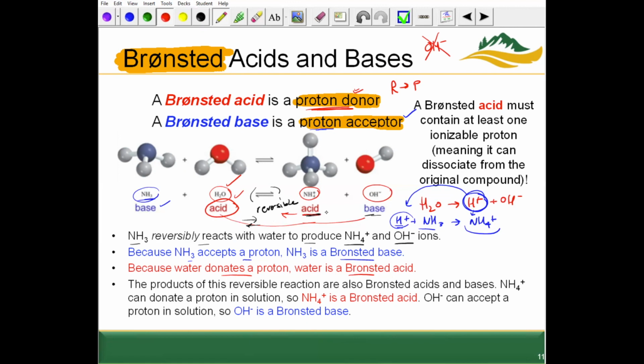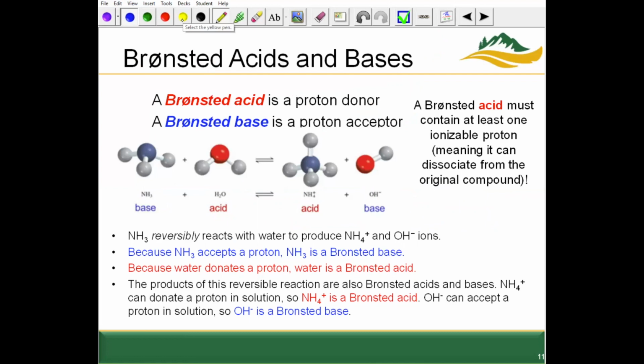It's a Bronsted acid because it ends up donating one of its protons to become NH3. So here on the product side, ammonium cation is a Bronsted acid. Then for this hydroxide ion, why is this a Bronsted base? Well, it's OH-. It then ends up being water on this side, so it accepted a proton. So here OH- on the product side is a Bronsted base.